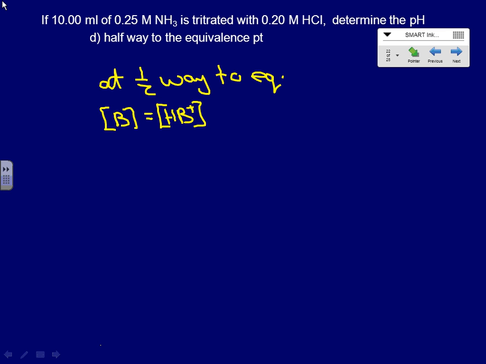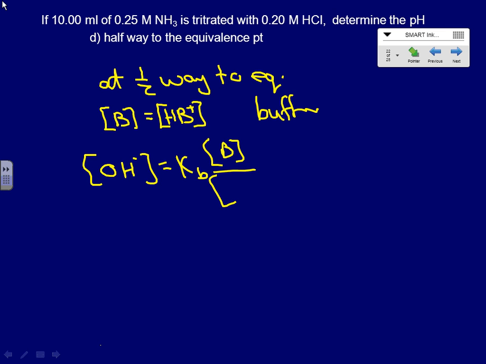At halfway, we've converted exactly half of the weak acid into its conjugate base. It is still a buffer scenario, but it is a weak base buffer, OH minus equals Kb. I'm going to have the base over the weak conjugate acid. And because they're equal, they cancel out.